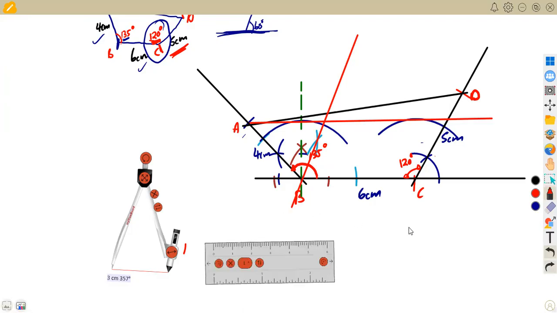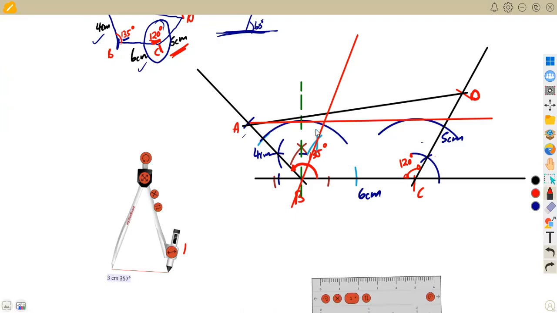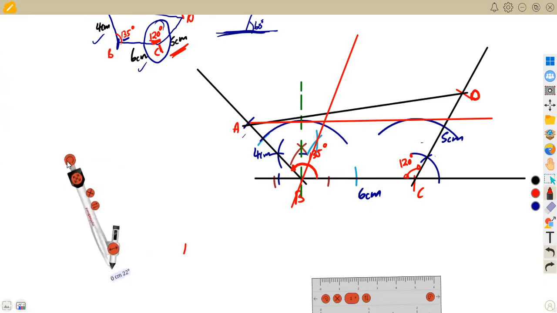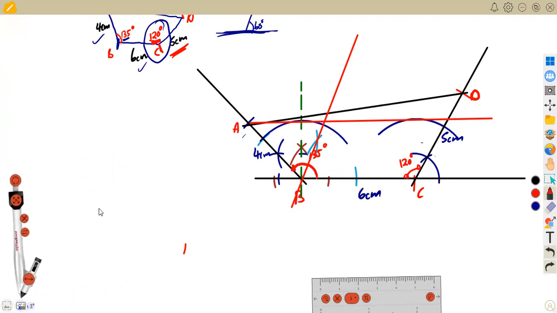That is what we are trying to say in this case. All right, because of these measurements, it might not be exact, but you are supposed to have 3 centimeters throughout. That is to say, a line that is parallel to a certain line maintains equal distance throughout.